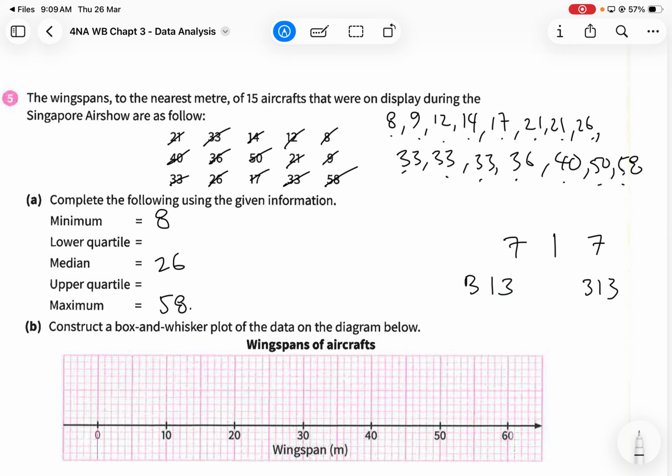So I go to 8, 9, 12, 14. 14 is my Q1, lower quartile. Similarly, Q3 will be the middle of this 7. So it's 1, 2, 3, 4 from the biggest one. So that's why I get 36 as my upper quartile.